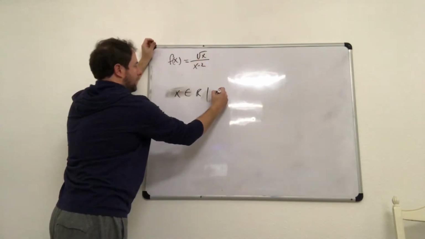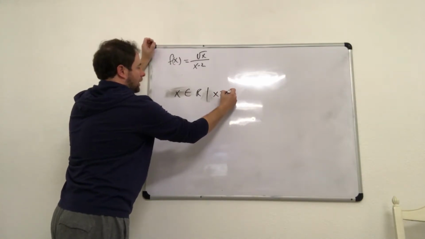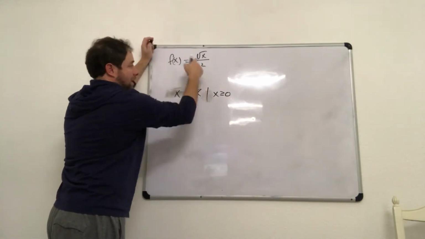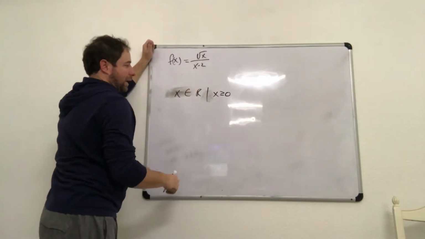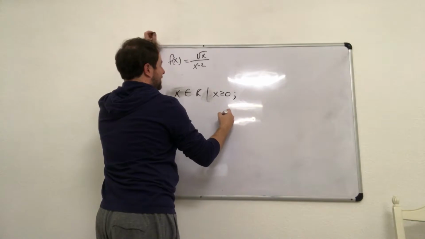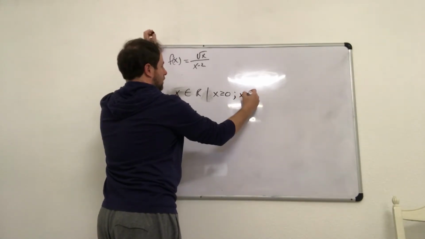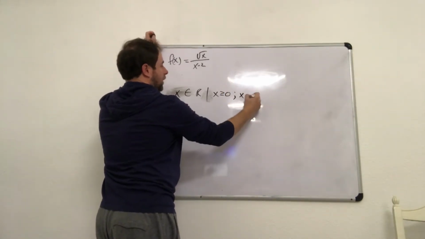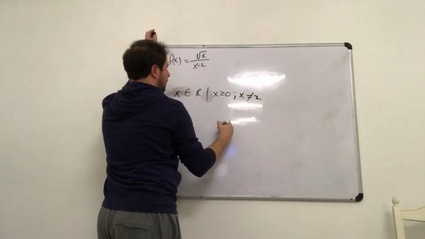So on top, x is greater than or equal to 0, because it can't be a negative number, it would be a negative radical.